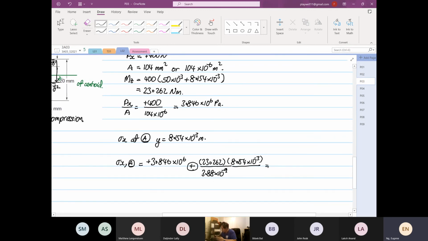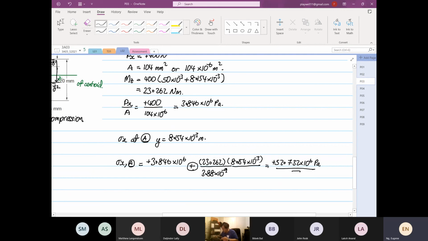So 23.262 times 8.154 times 10 to the power minus 3, divided by 3.88 times 10 to the power minus 9, plus 3.846 times 10 to the power 6. So this is equal to positive 52.732 times 10 to the power 6 Pascal.